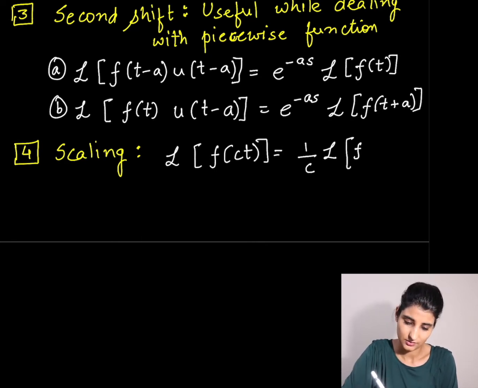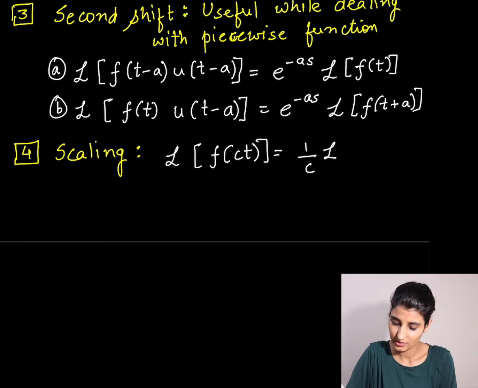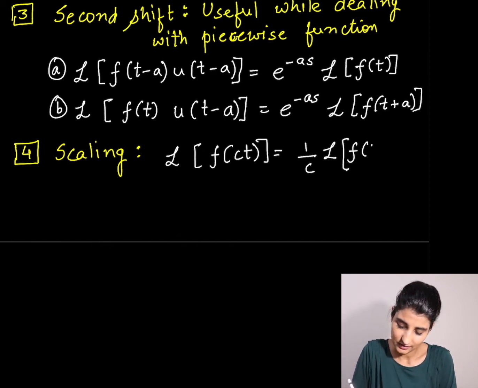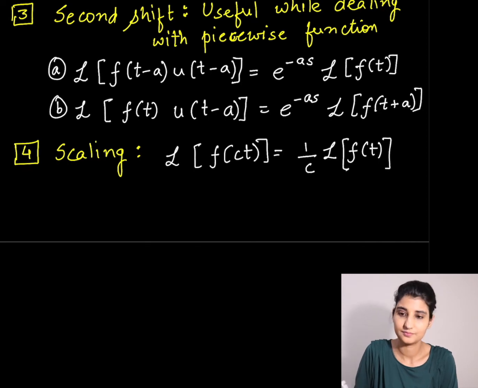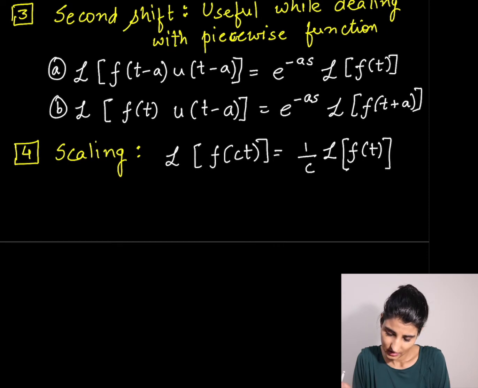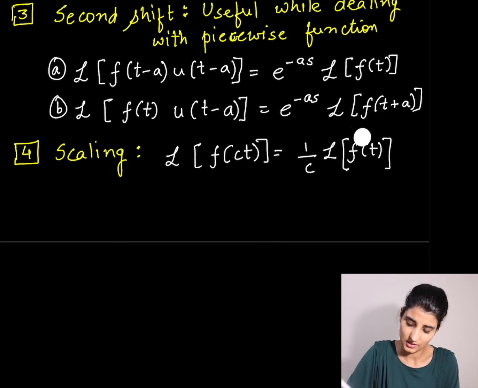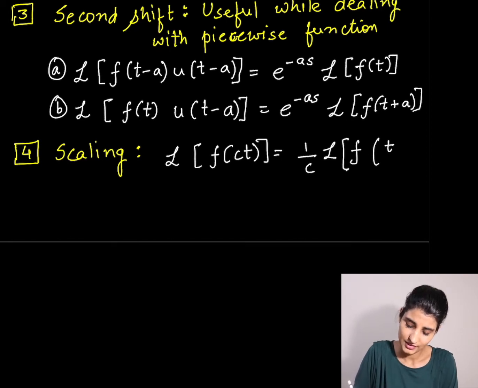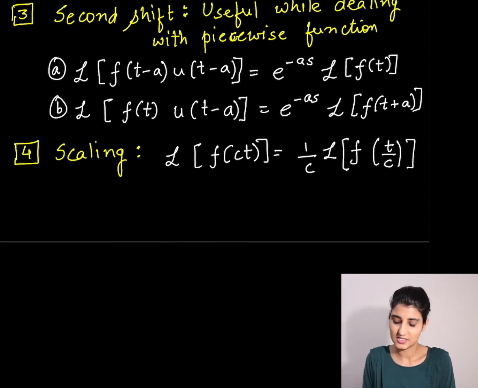Sorry, it should be, I think, Laplace of f(t over c). This is the scaling property. It's 1 over c Laplace of f(t over c).